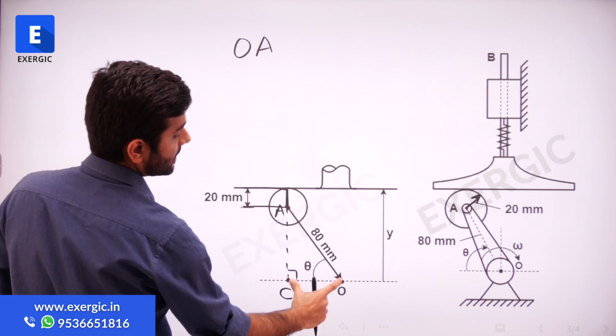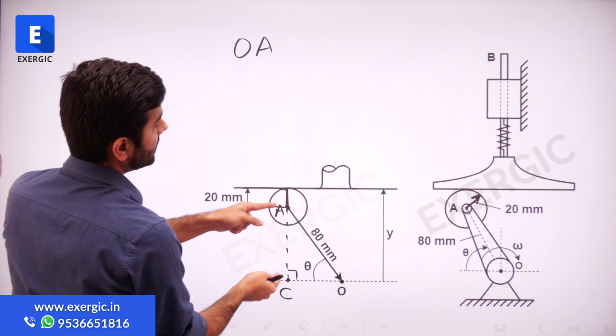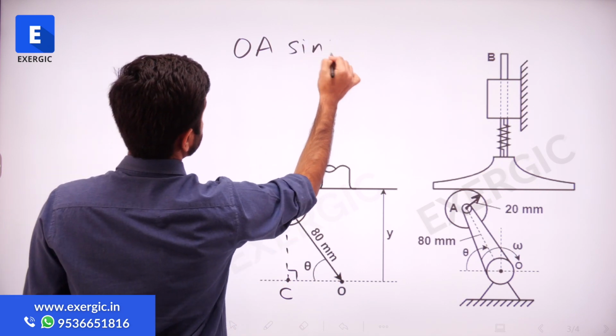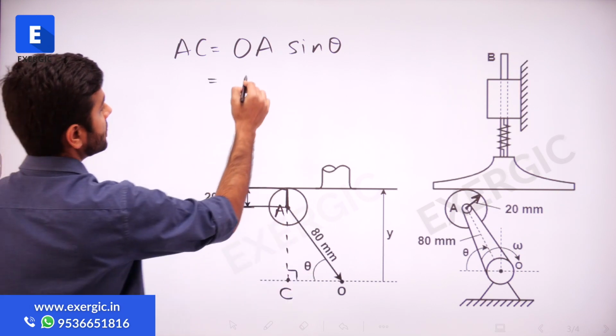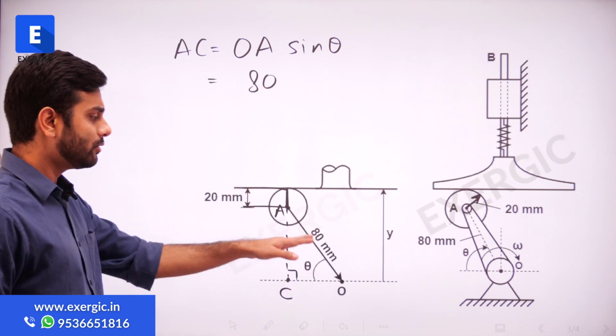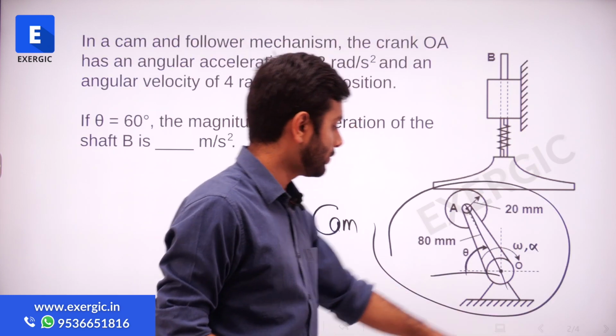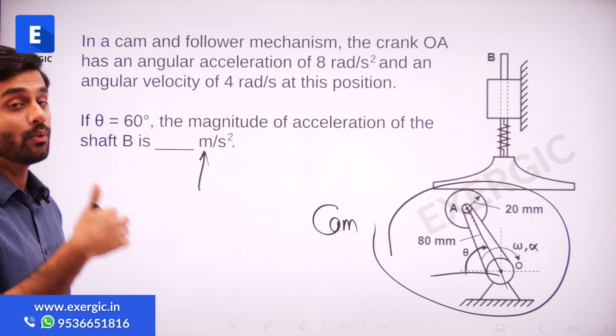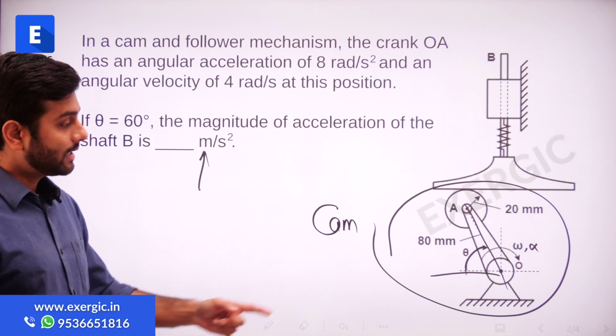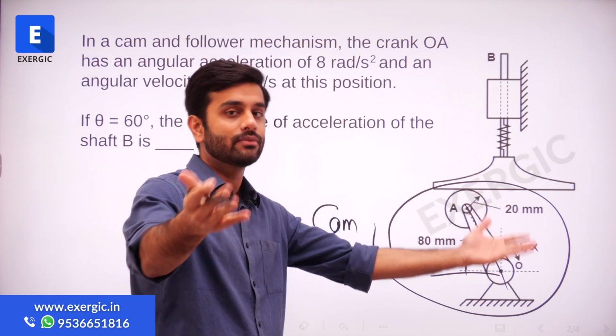OA cos theta is OC and OA sin theta is AC, right? So OA sin theta is equal to AC, and OA is how much? 80 mm. We are keeping the units in mm only, right? Although if you notice, ultimately it is asking you the acceleration in meter per second square. So you don't have to forget that these units you ultimately have to change.